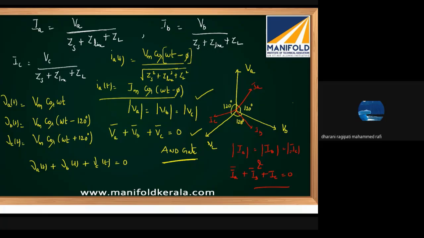So a balanced set of phasors are those phasors in an electrical three-phase network which have the same magnitude and which are separated in time by 120 degrees, which can be mathematically established by taking the instantaneous sum of three phasors, which should become 0. Or if you do the phasor sum of the three phasors, it also will result in 0.